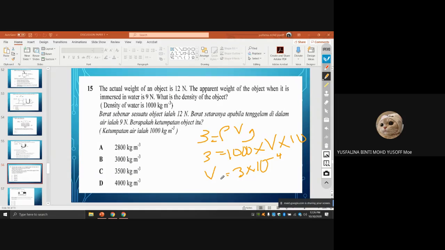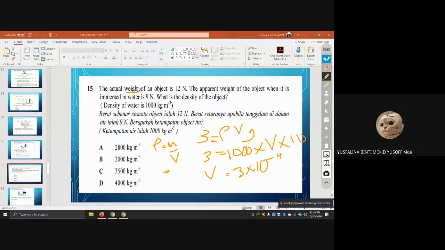Okay, and then you use the density formula. Density is mass divided by volume, right? So if you want to find the density of an object, you use this formula. How do you find the mass?